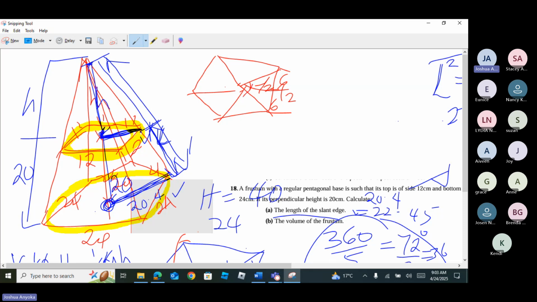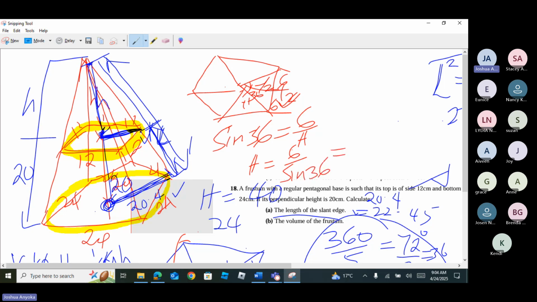We have a right angle triangle. The angle is 36 at the center. So the opposite is 6, and the hypotenuse we don't know. So we use sine. Sine 36 is equal to opposite over hypotenuse. So hypotenuse will be equal to 6 over sine 36.